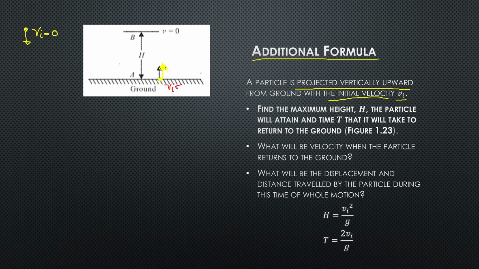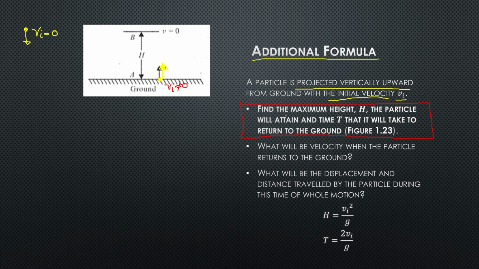So initial velocity is not equal to 0. So there is a value. The most common questions for problems here: find the maximum height h the particle will attain and the time t that it will take to return to the ground.